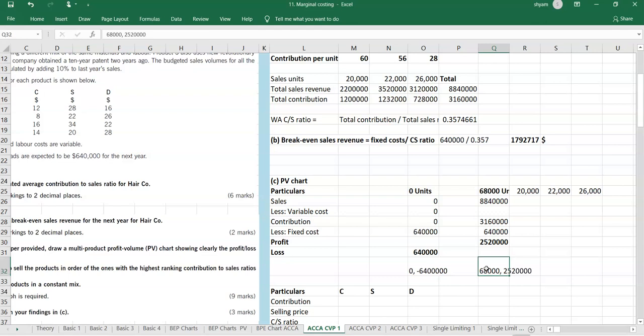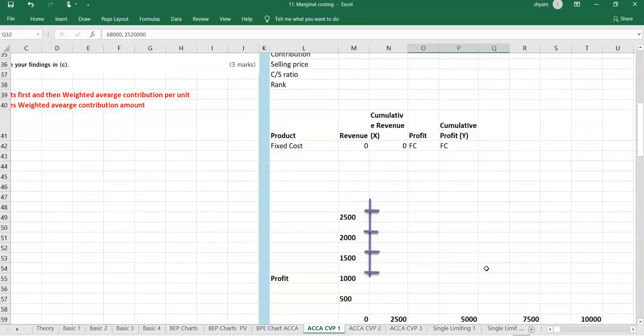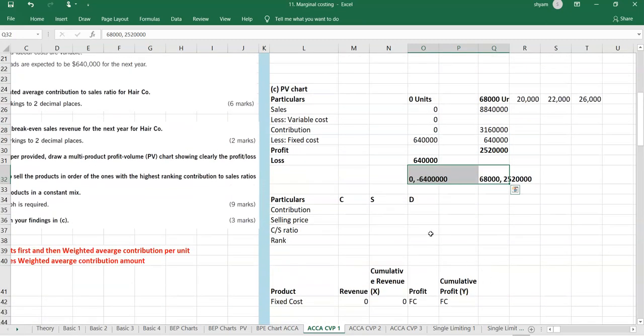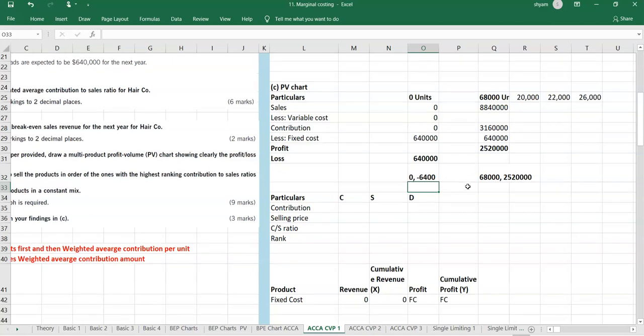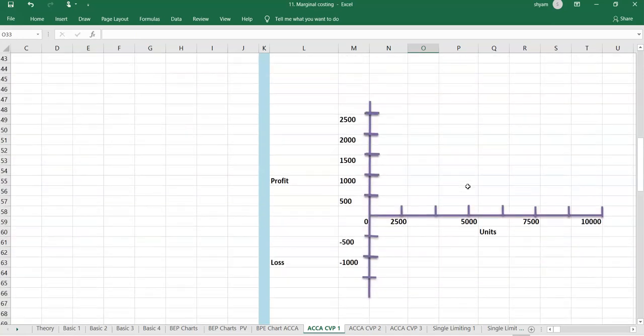This is the number. So these are the coordinates that we want, and we can draw a line. What we have done is removed 3 zeros; we are doing it in thousands.